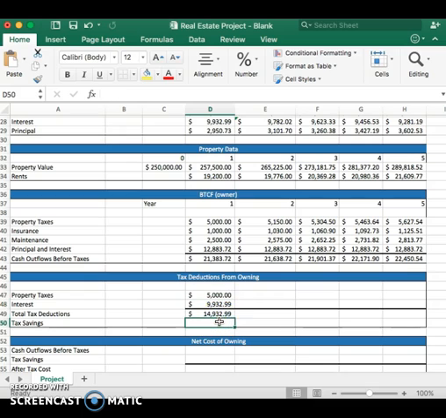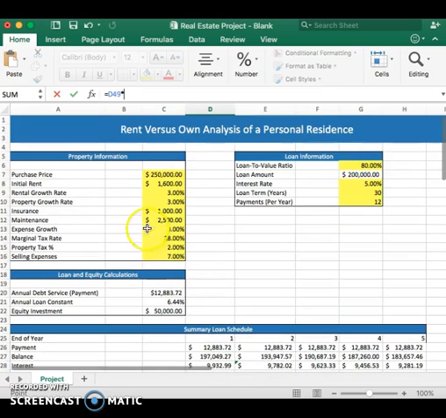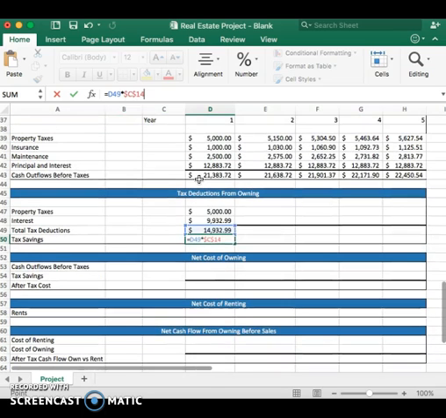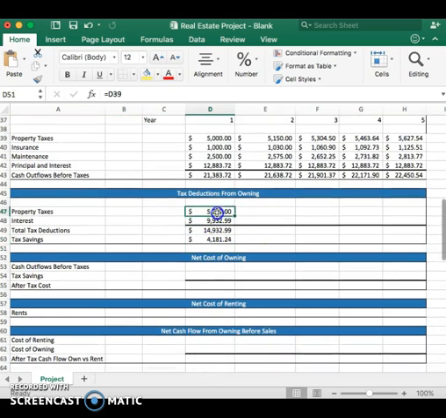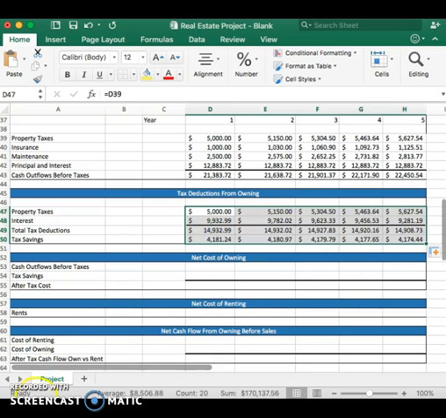and then the tax savings is done by taking the number that we got here and multiplying it by C14, which is the marginal tax rate. We have to lock that so that we can copy it over, select all of these, and then that's the tax deductions from owning.